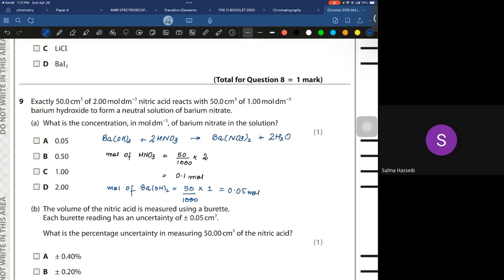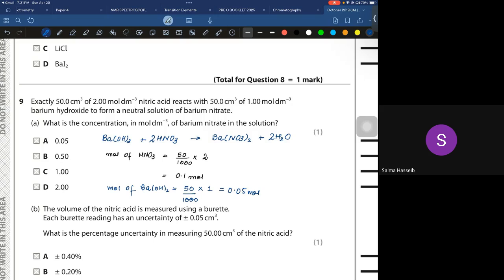Sir, can you repeat? I don't understand. Okay, let's check this question. They are asking the concentration of barium nitrate, which is the product. So you need to take the mole ratio.